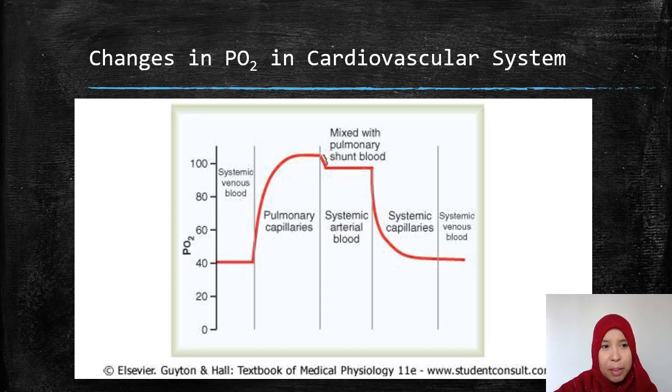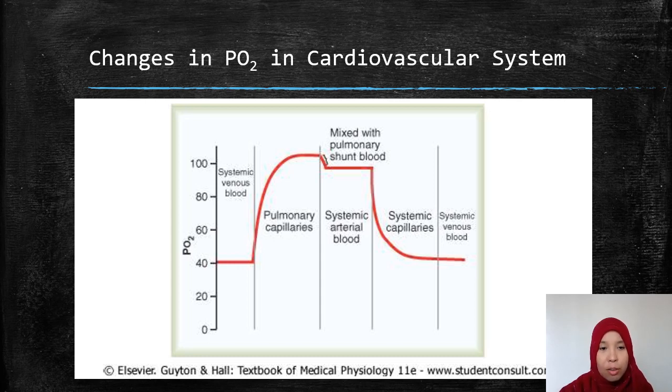Alright, here we basically want to see the changes in the partial pressure of oxygen in the cardiovascular system. What it means is the changes in the oxygen concentration or oxygen level in different areas.